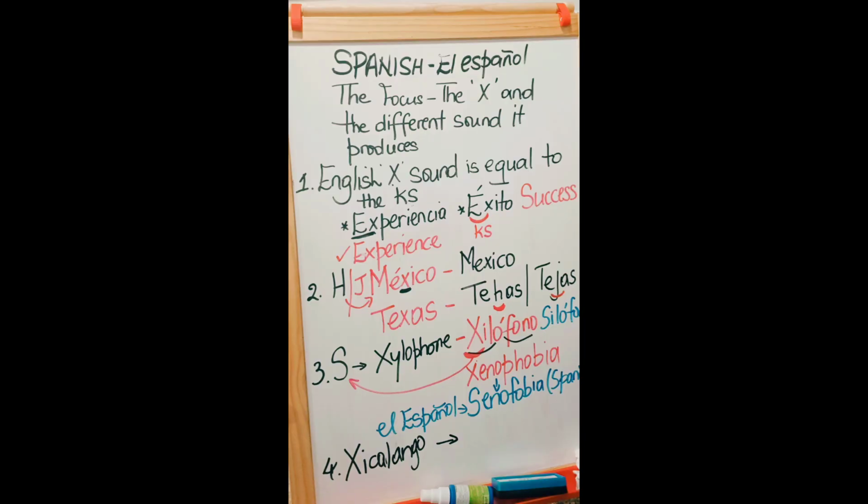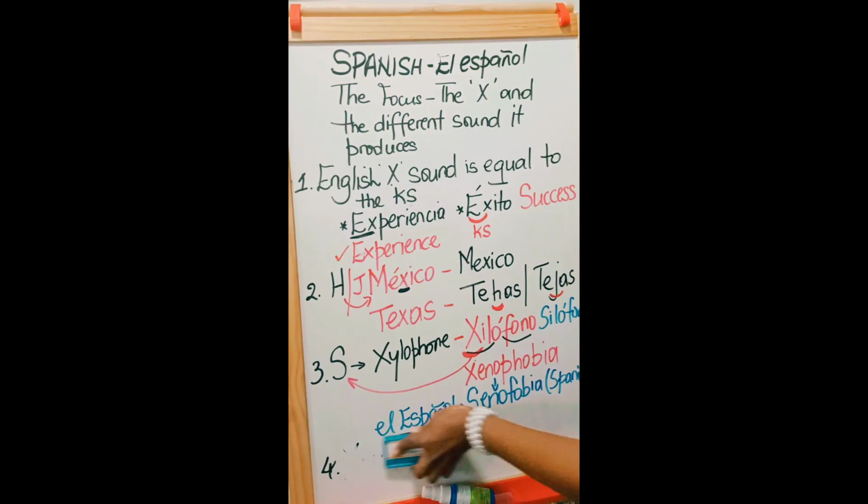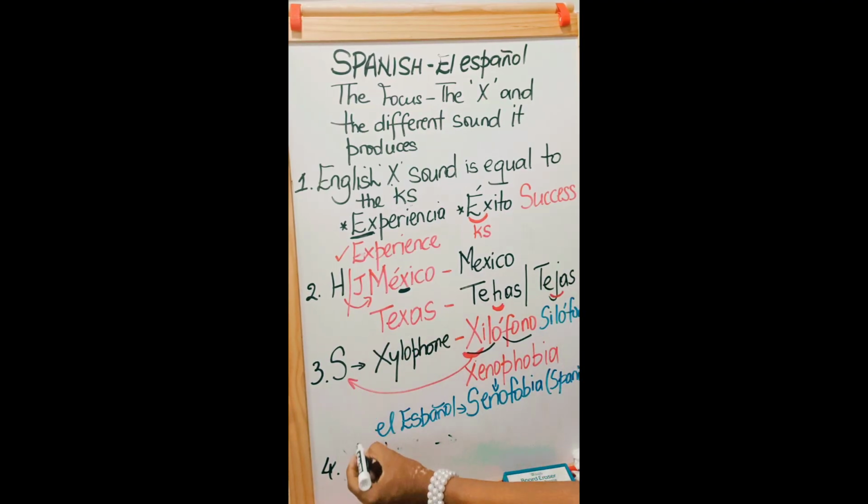Remember, we said it's going to be a SH sound. Let me put the SH number 4. SH, let me erase this. So it's uniform. The last sound, el último sonido de la letra X, is SH.